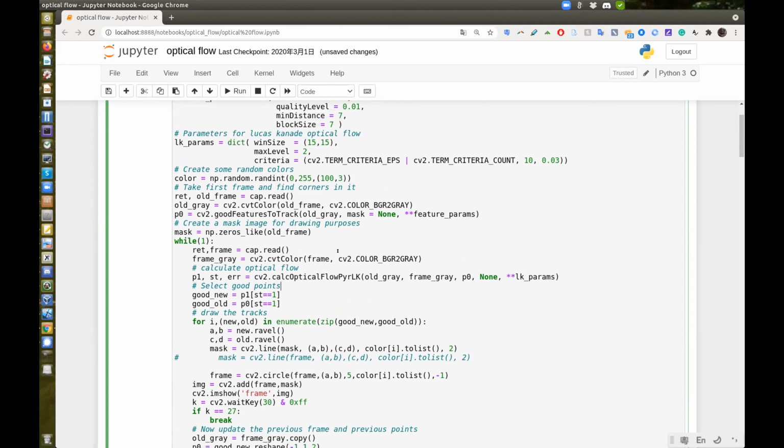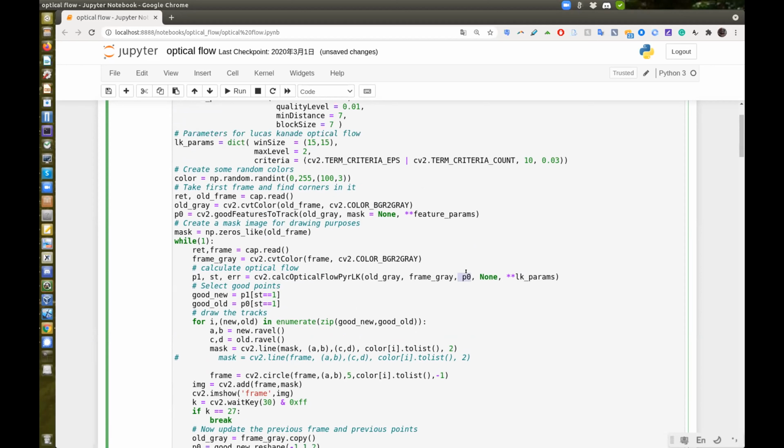For Lucas-Kanade here, in the OpenCV implementation, it is in general considered a sparse optical flow, though of course you can use it densely also.